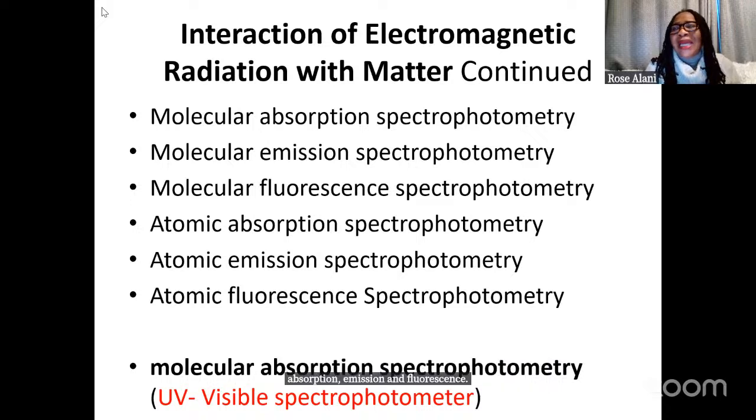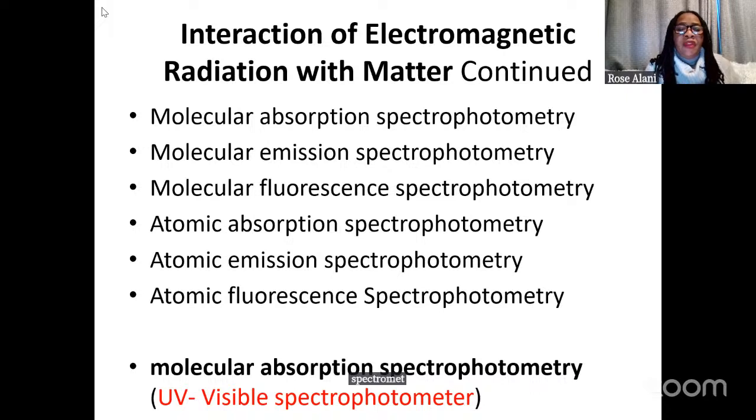And we said the analytes come in two forms: atomic and molecular. So out of these three methods, we also have the two different forms. You have atomic absorption spectrometry, while you also have molecular absorption spectrometry.